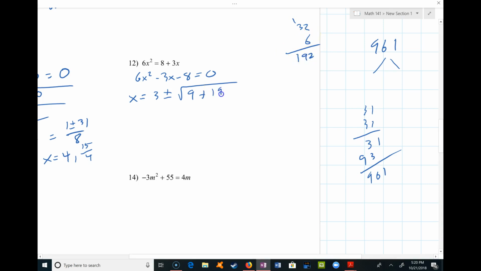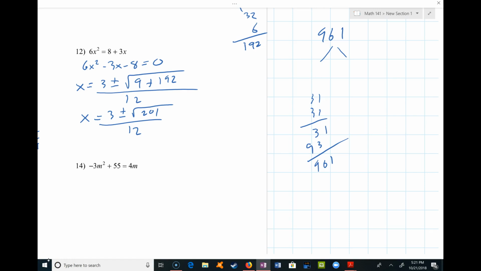So that'd be 192 in there over 2 times 6 is 12. So that would be x is equal to 3 plus or minus the square root of, nope, 201. 201 over 12.